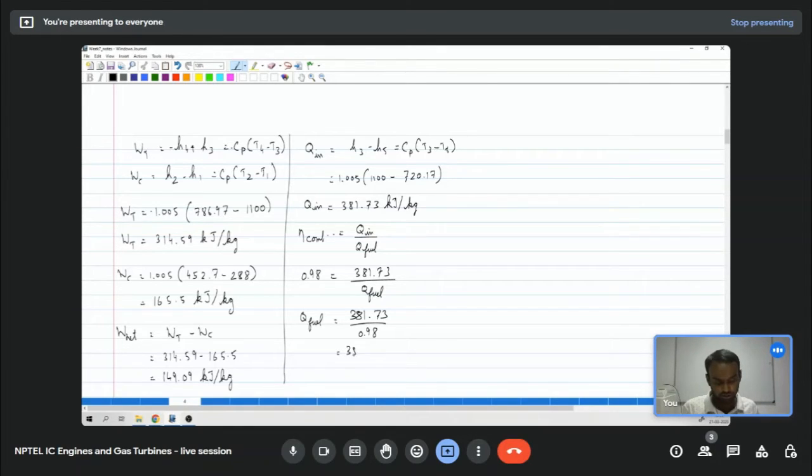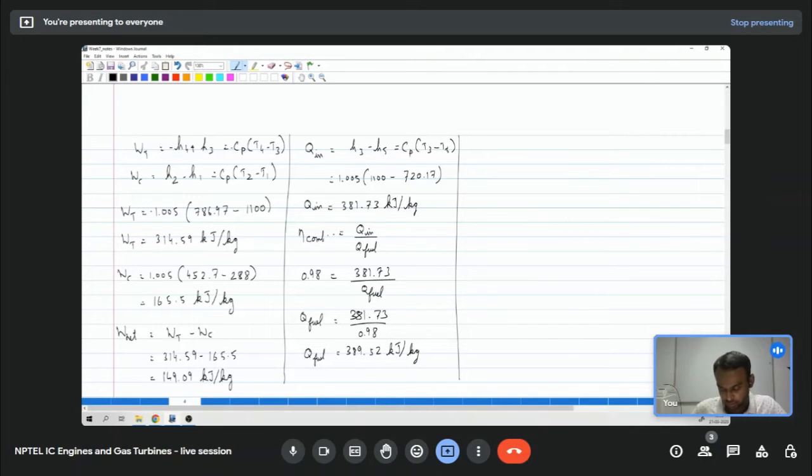This is 389.52 kilojoule per kg. So this is the heat energy that is added for 1 kg of the working fluid.